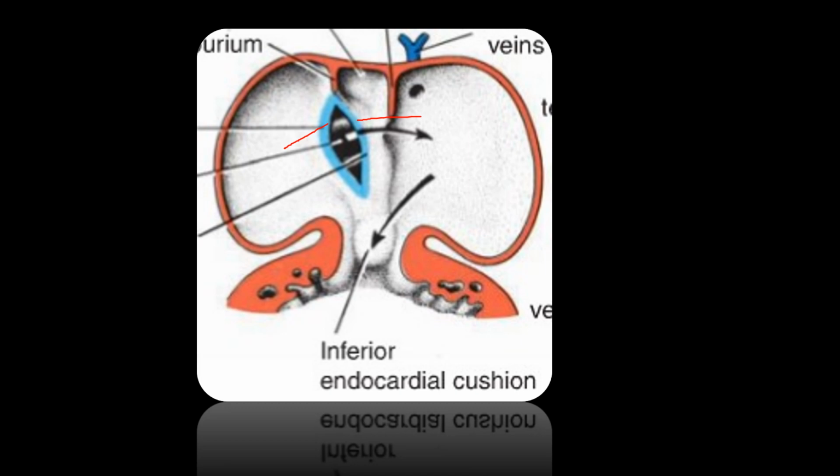Now both the valves, the right and the left valve, unite at the cephalic end and form a fold-like structure, that is septum spurium. This septum spurium extends further and forms the roof of the right atrium.